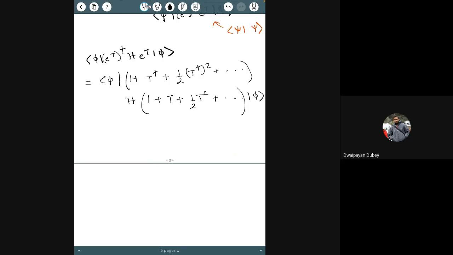In this, let's look at one particular term, the simplest non-trivial term, which is t dagger ht.